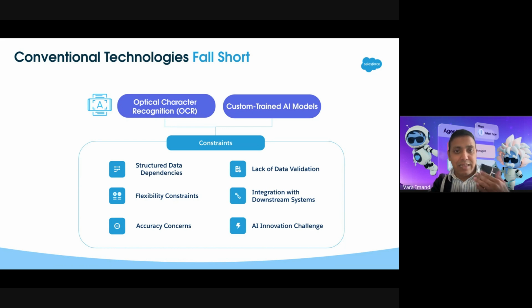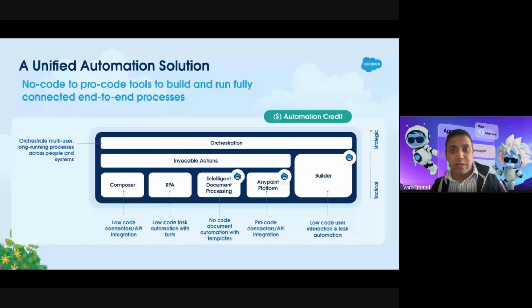And that is exactly the reason why you will probably need a unified automation solution, an automation solution powered by MuleSoft, that delivers end-to-end process automation and hyperautomation. And just to highlight MuleSoft's capabilities, of course, it connects all those disparate systems. It's the IDP, that's the topic of today, that intelligently extracts data from these documents. Of course, underneath, RPA automates repetitive tasks, and Composer enables low-code integration within Salesforce.